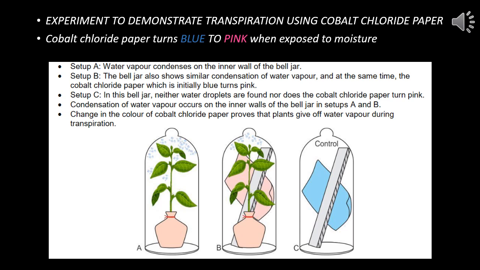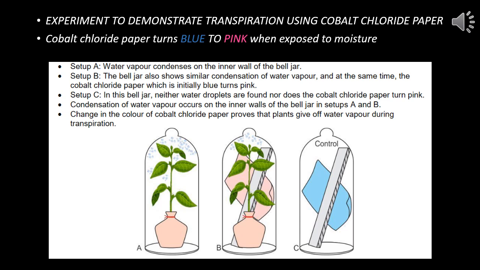Then in setup C, take a third bell jar without the plant but still containing a similar piece of cobalt chloride paper. This setup is a control setup. Now keep all the three bell jars together in the sun. Observe the setup after half an hour.